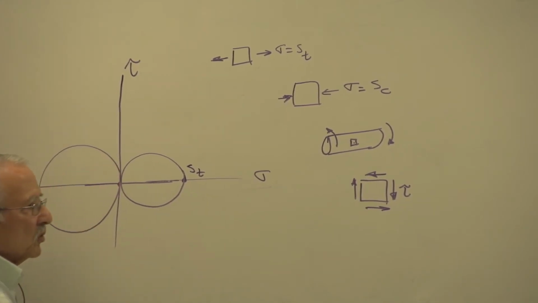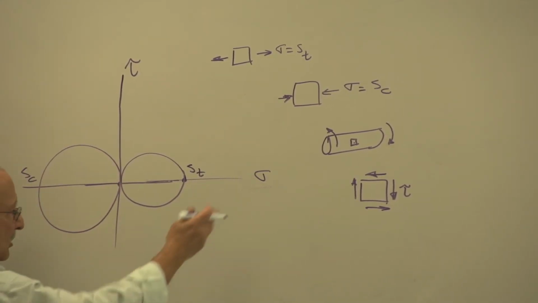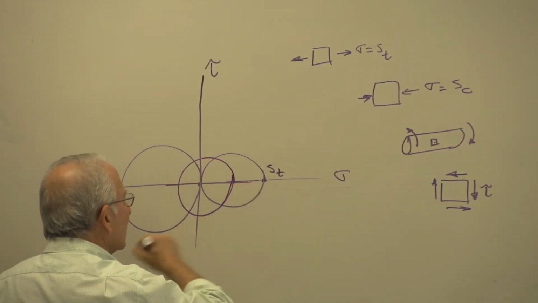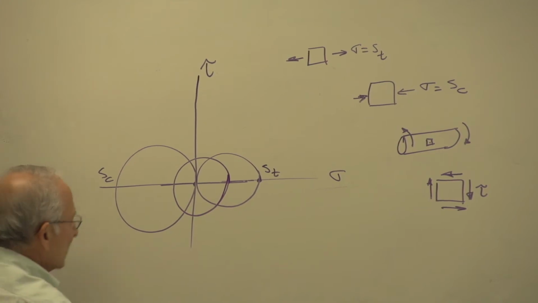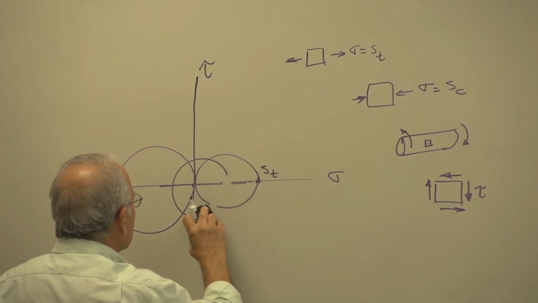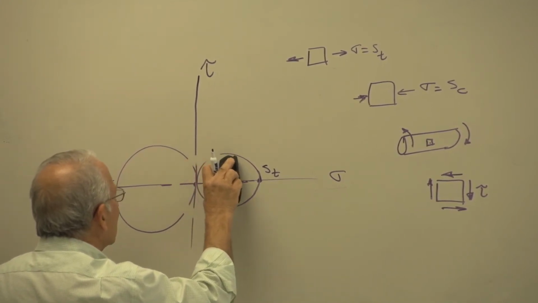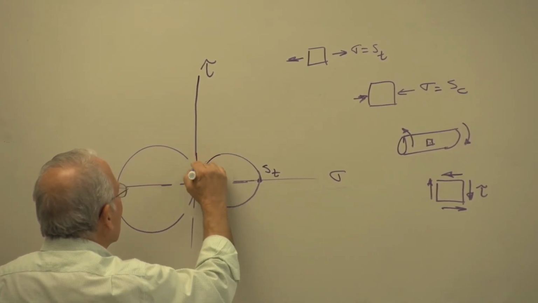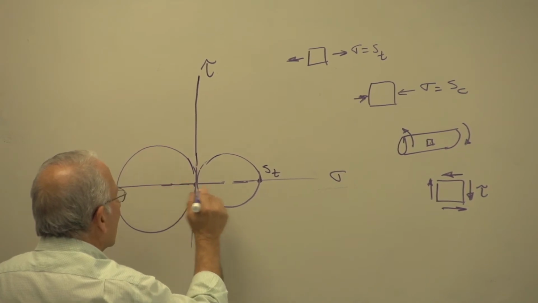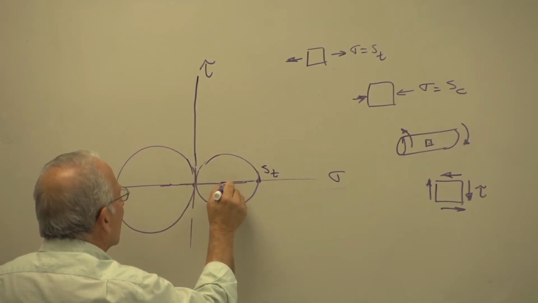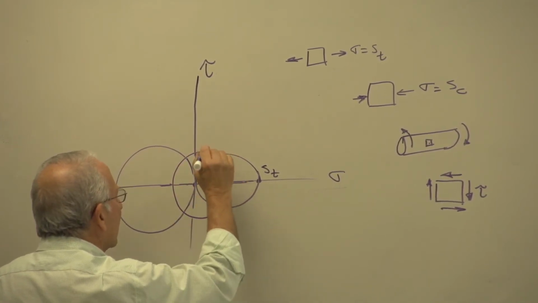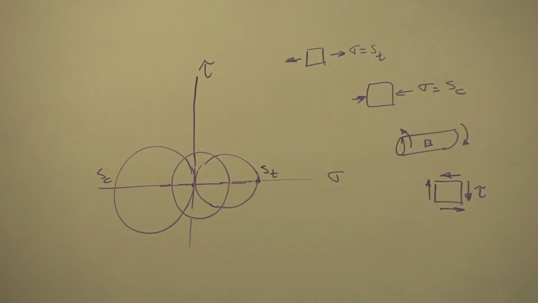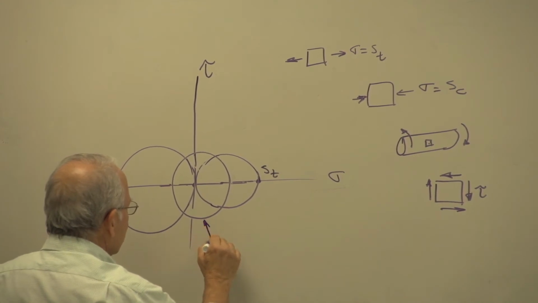And if you draw a Mohr circle for this state of stress, you get something that looks like this. Actually, I should do a little bit better job on this third one. Yeah, that's a little bit better, not much. So this is the shear test.